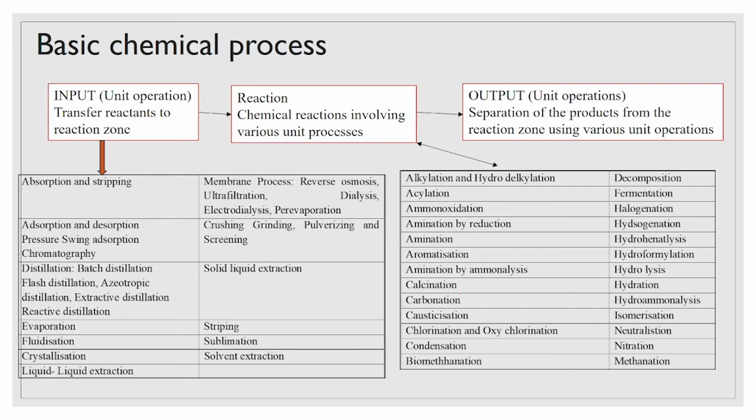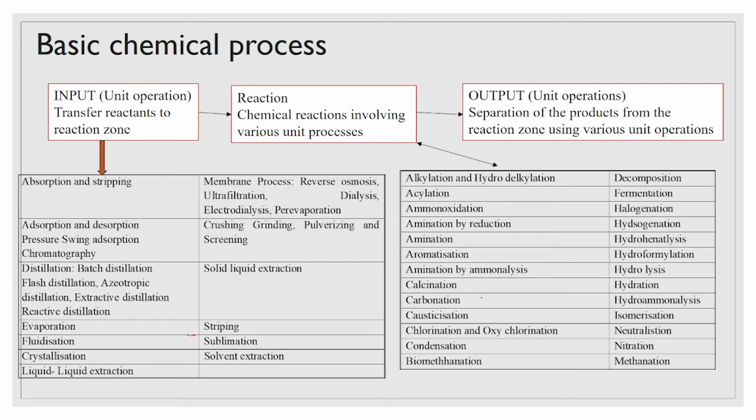Whenever you have a chemical reaction taking place or a new product being formed, we call it a unit process. For example, calcination, carbonation, halogenation, hydrolysis, hydration, nitration, all these come under the unit processes where new product is formed. For example, formation of ammonia.